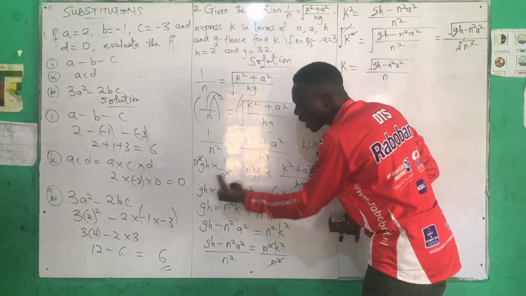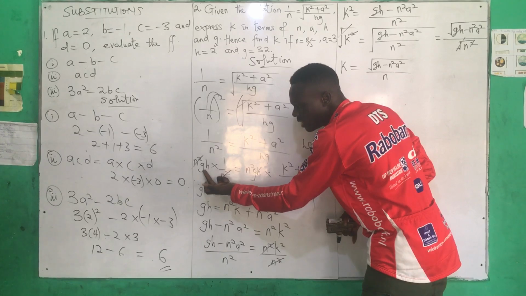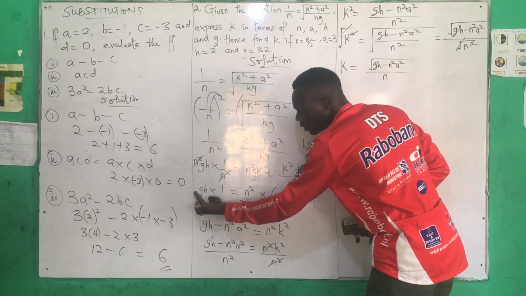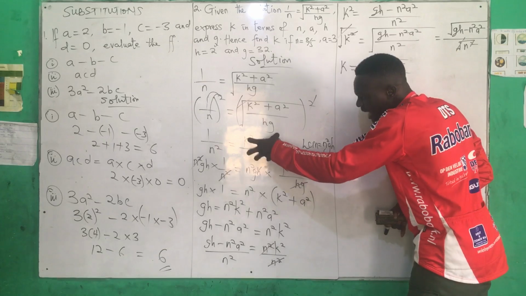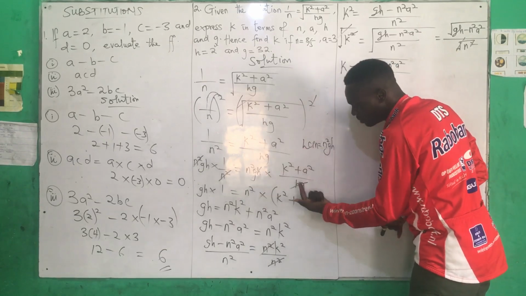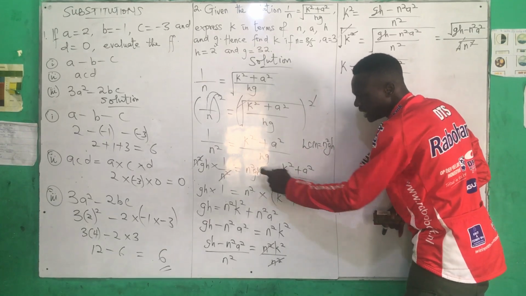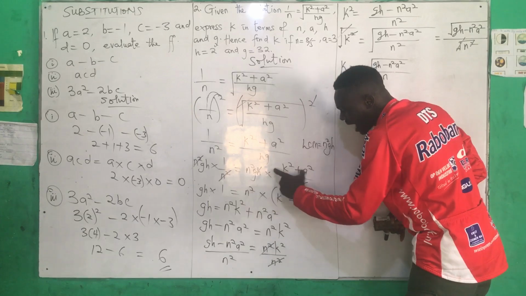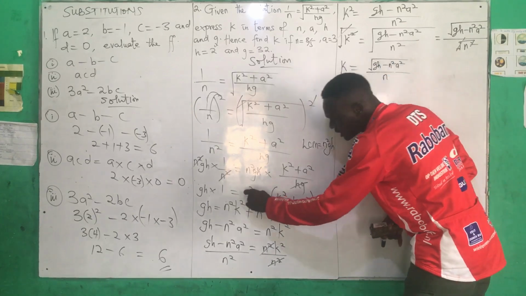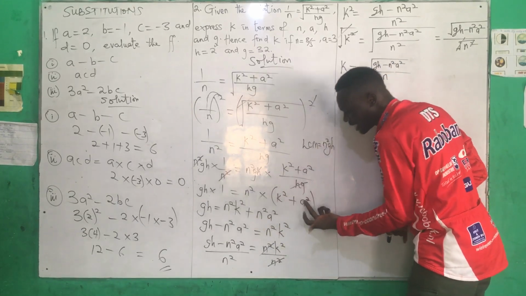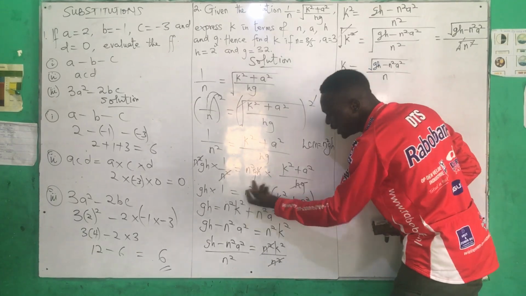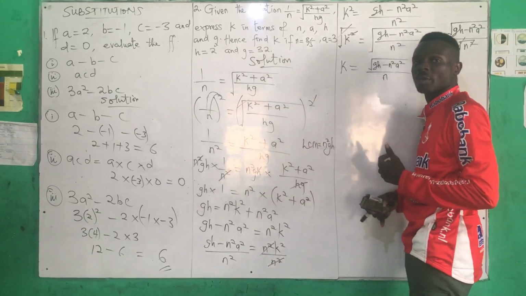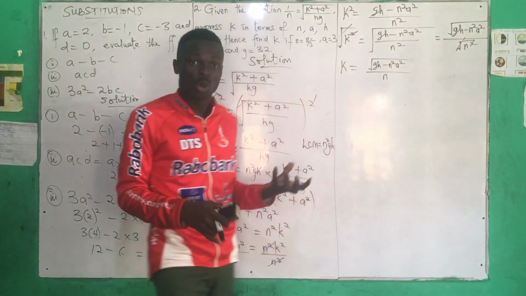So the n squared cancels the n squared, giving us gh times 1, which is this expression. This is equal to this term being multiplied by the LCM, gh cancels gh, leaving behind n squared times this. Now because the n squared is going to multiply this and this, we just put this in a bracket so that we don't only use this for this, leaving this one behind to make the work wrong.